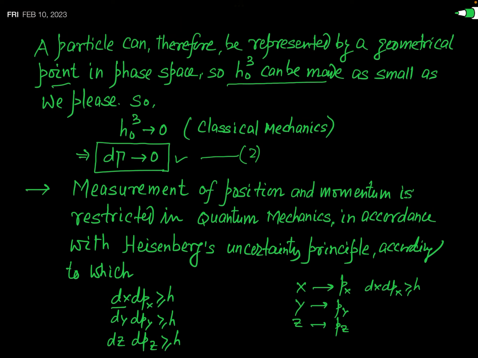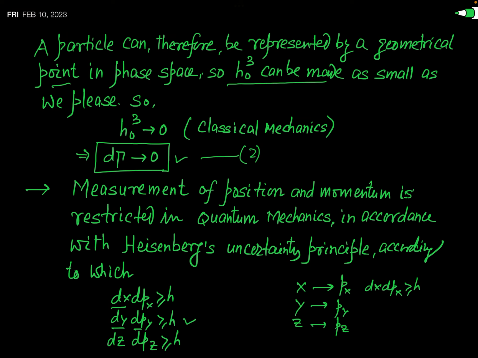Similarly, the product of the uncertainties in measuring the position coordinate y and its conjugate momentum, dy times dpy, is also greater than or equal to h.